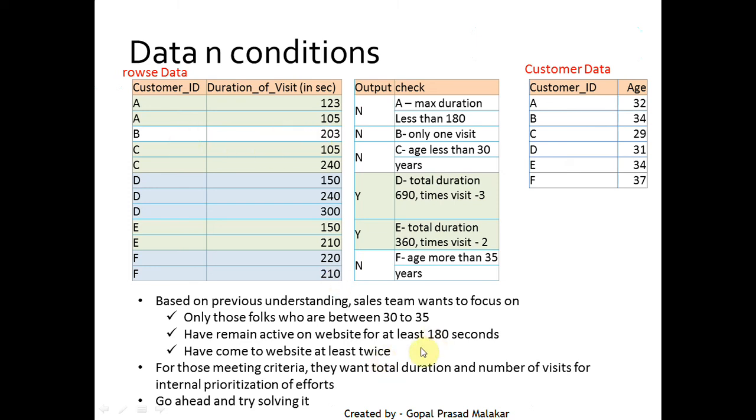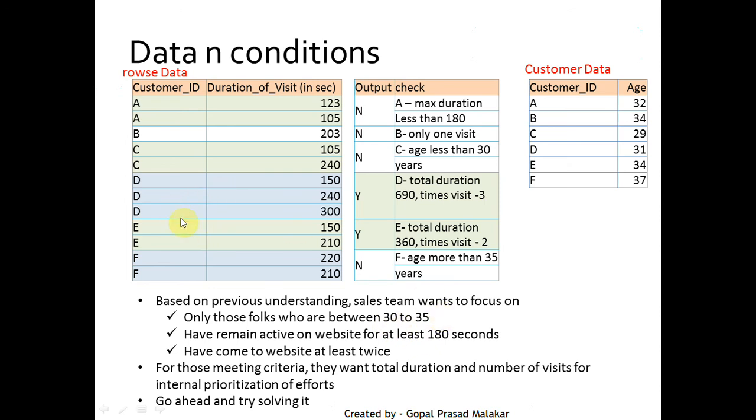It has at least 180, but it didn't come to the website at least twice. It visited only once. If you look at record C, it has 2 records and it's 240, definitely more than 180. So C could have come, but C had age 29, so you will not like to keep it. Age 30 to 35 is the only thing that you are looking at.